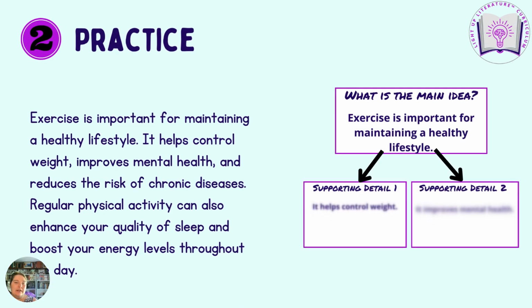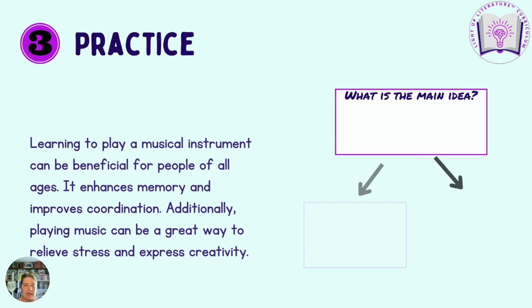All right. We've got exercise is important for maintaining a healthy lifestyle. What's related to exercise being important? Helps control weight, helps improve mental health, and there's another one also, the risk of chronic disease. So you have multiple options for those things. You're just looking to see what's going to connect. All right, next one.